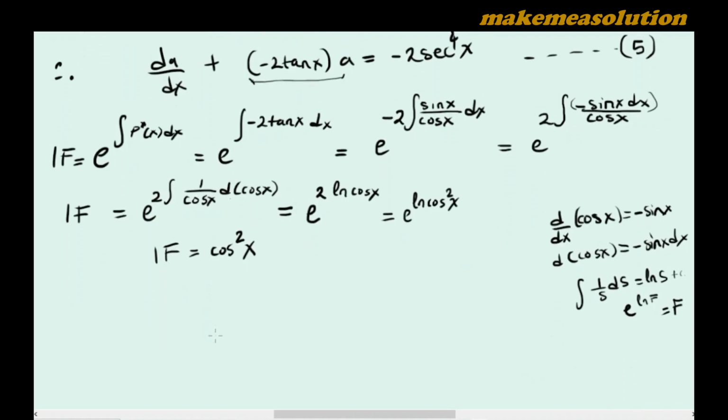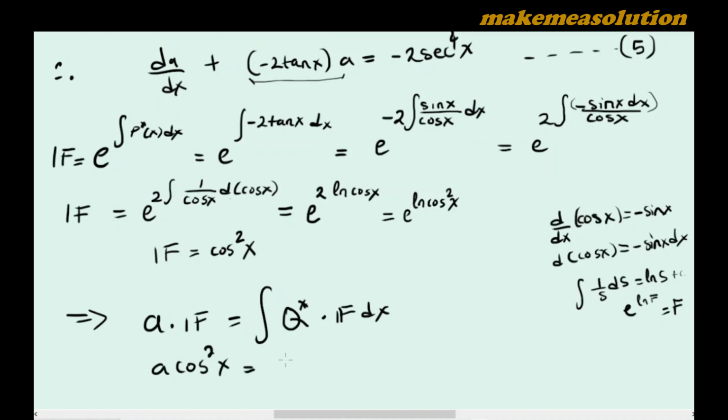So now that you've gotten the integration factor, how do you work with it? You now say a times integration factor is equal to integral of the augmented q times the integration factor dx. So a times cos squared x is integral of the augmented q, which is this guy over here.